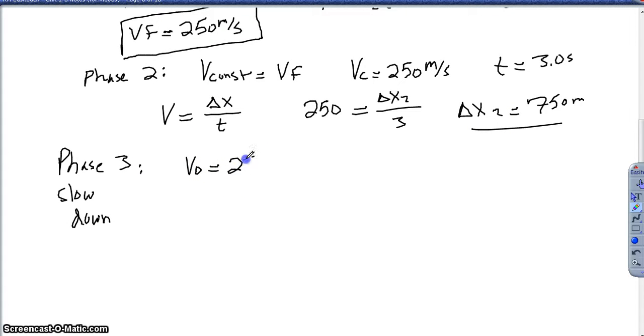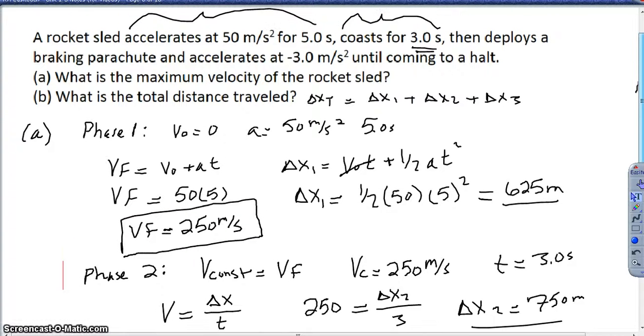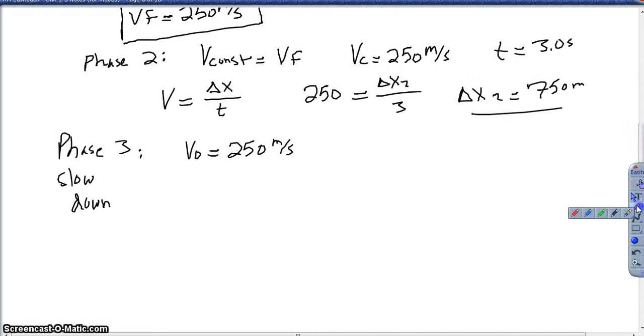So the initial velocity for stage 3 would be 250 meters per second. I do not know how long in terms of time it's going, but I do know that it has an acceleration of negative 3.0 meters per second squared, and it eventually comes to a halt.